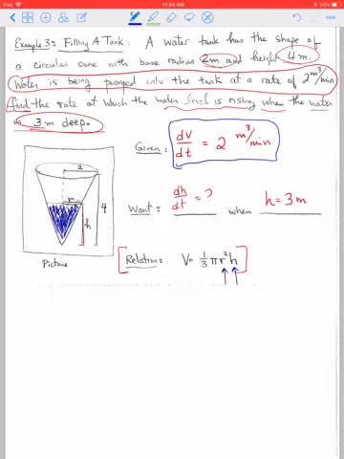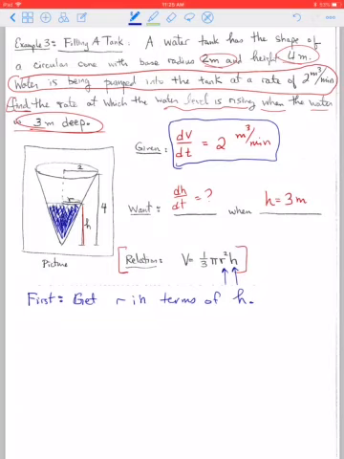So I think what we're going to want to do is first get r in terms of h. If we can rewrite our problem so that r is in terms of h, then we'll be able to take the derivative and we'll only involve dh/dt, which is what we want.